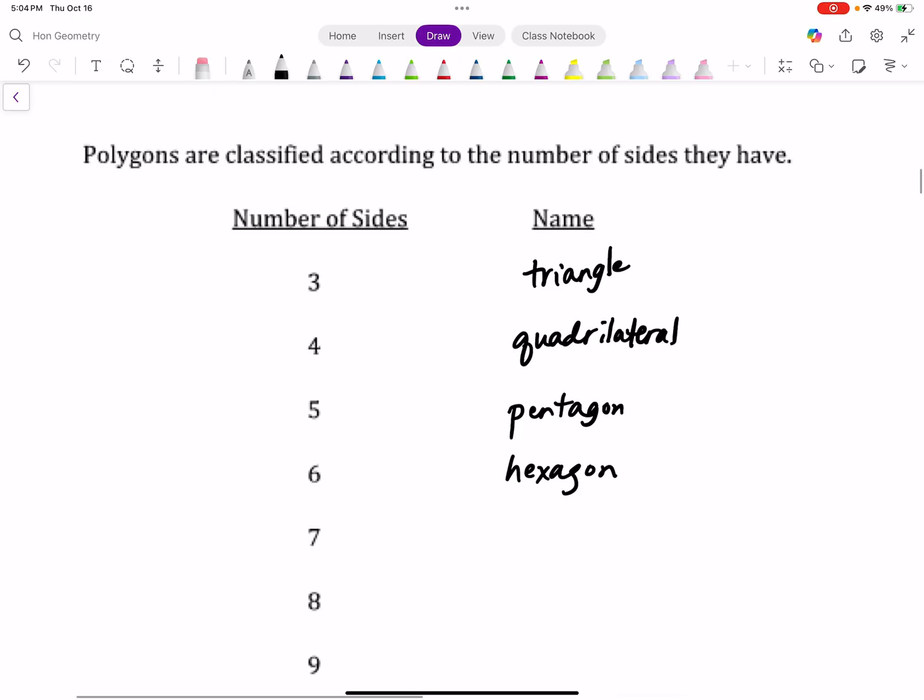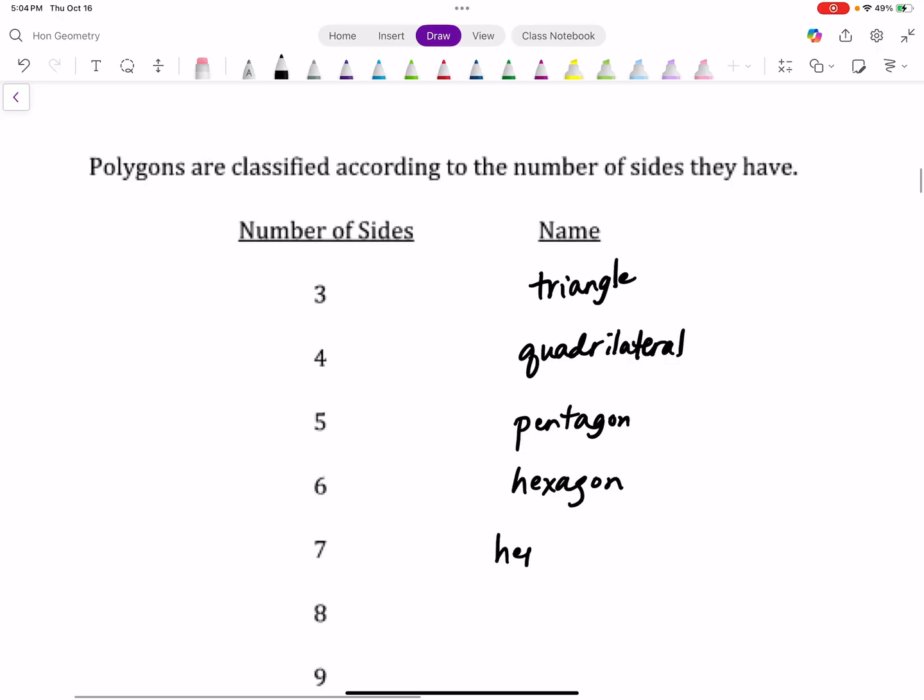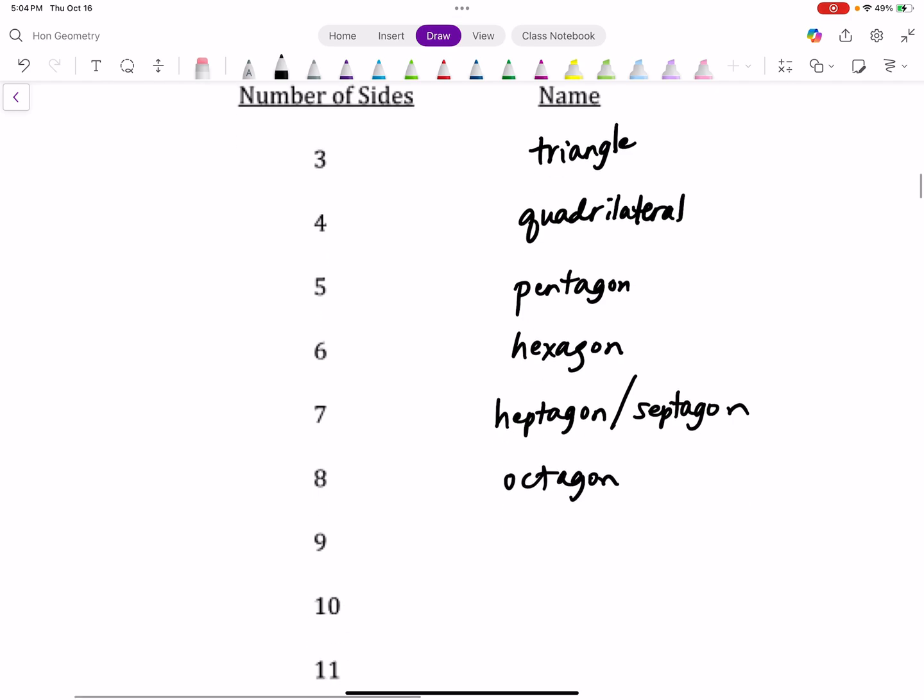All right, 7 you may not know, although I do know you, and you probably do know. You'll see it one of 2 ways. People either call them heptagons or septagons. Okay, 8 sides, is an octagon. 9 sides, I've seen 2 different ways of calling those. I usually call them nonagons, but I've also heard them called enneagons.